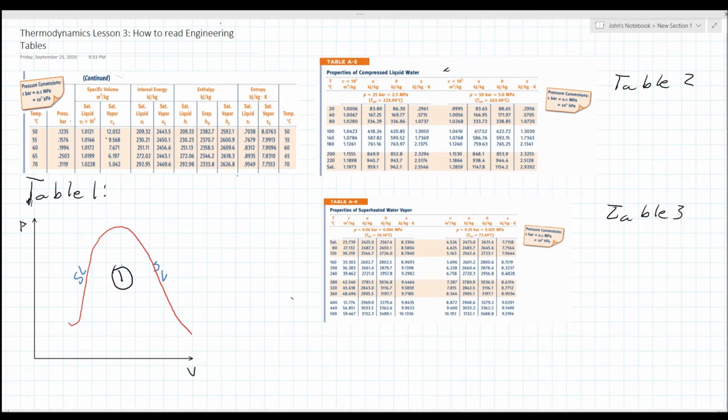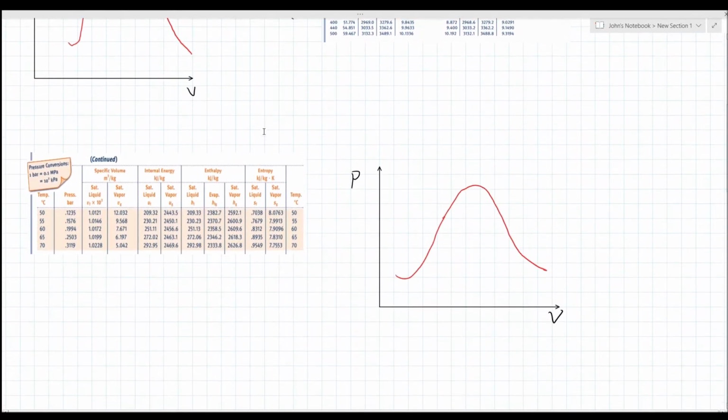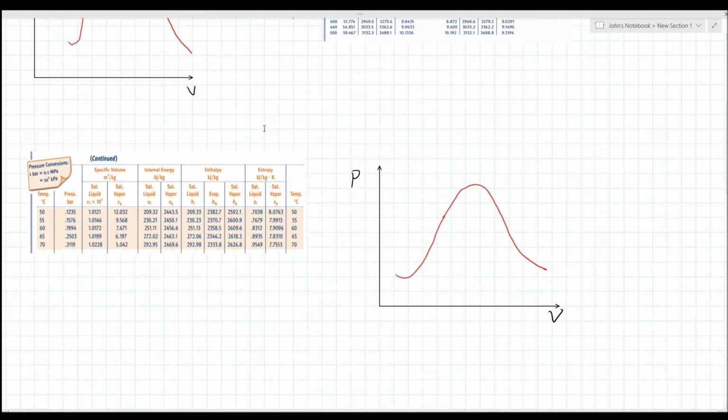Now if you recall, compressed liquid is before the dome, so we are over here at 2. Superheated water vapor, table 3, is when you're past the dome and you're completely vapor. So we shall be over here, past the dome, labeled 3. For the first part of our lesson, we shall cover table 1, when you're saturated liquid and saturated vapor.